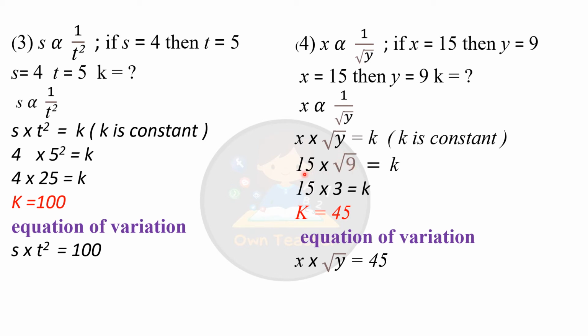So 15 into square root 9 is equal to K. We know square root of 9 is 3. So here we will put 3. 15 into 3 is equal to K. After multiplying, we get the value of K, that is 45. Equation of variation, X into square root Y is equal to 45.